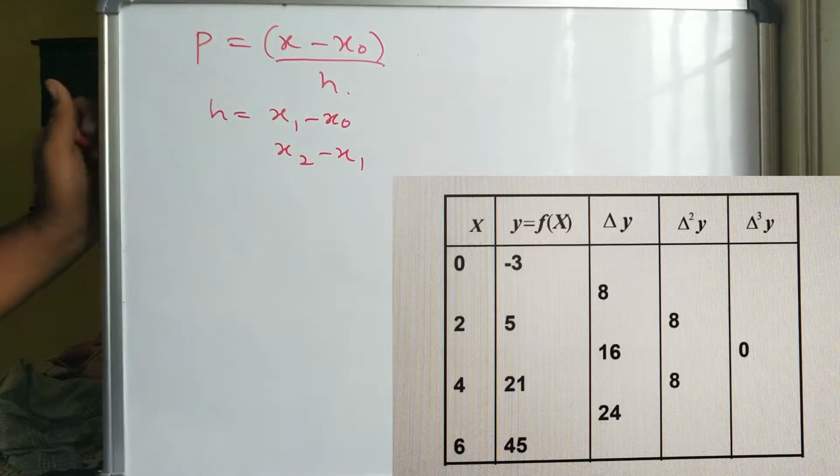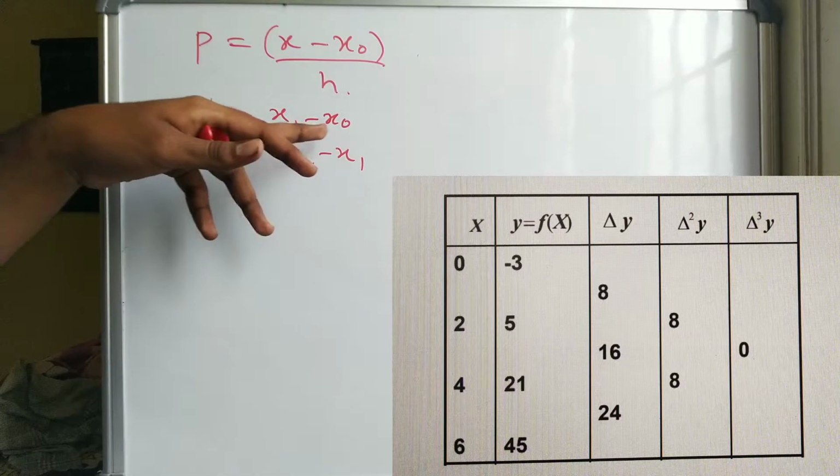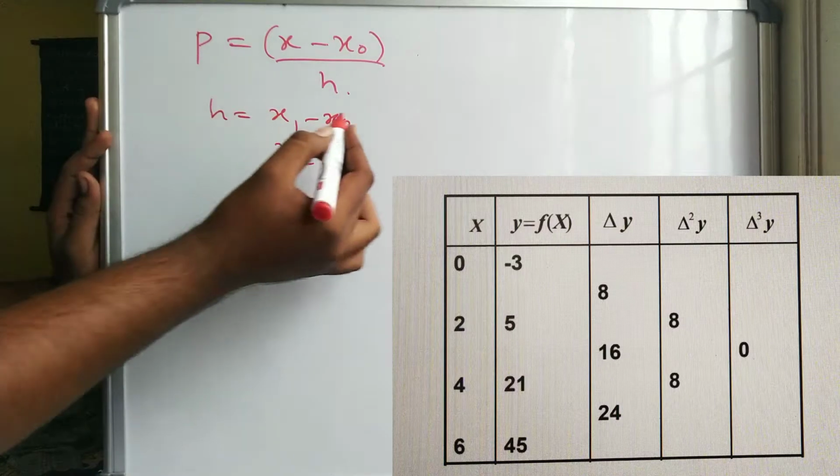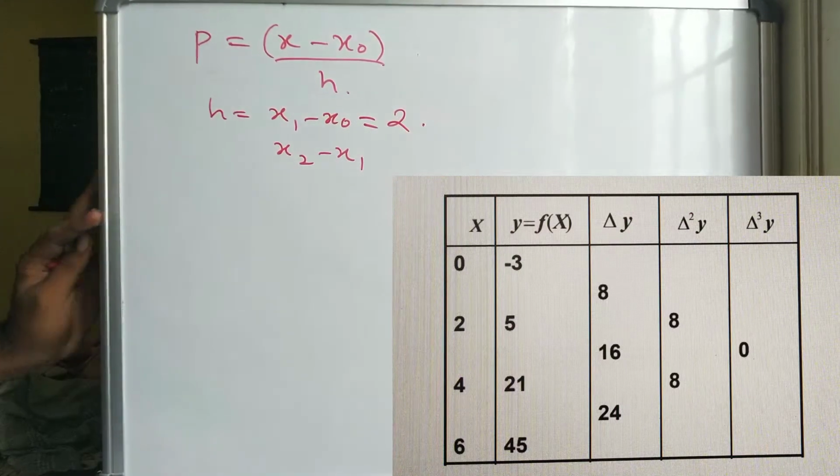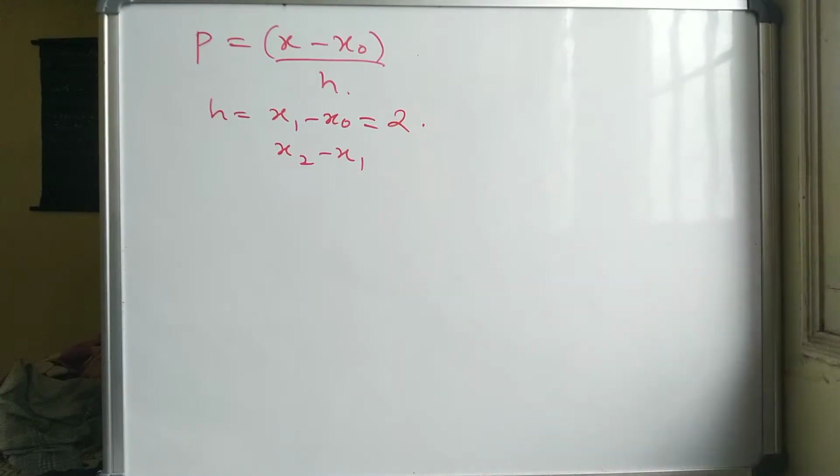Any of these you can do, because Newton's forward formula is applied only for equal intervals. You will find the same answer. When you do x1 minus x0, you get 2. So the gap between the terms is 2.